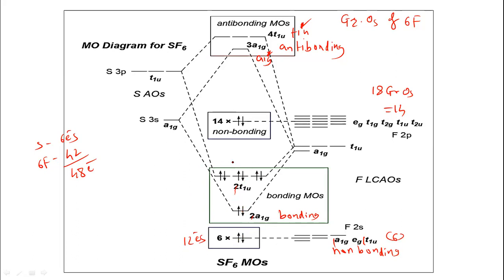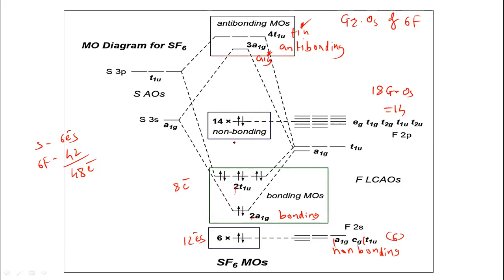These are 3 bonding molecular orbitals having 6 electrons. One has 2 electrons, so that is 8 electrons in the bonding. You can see 2 plus 2 plus 2 plus 2, 8 electrons are here.